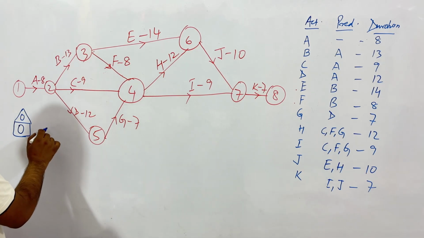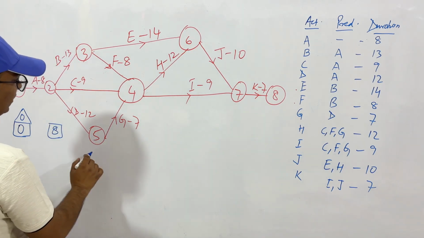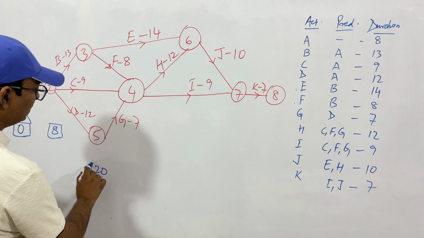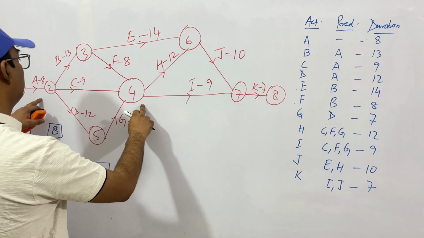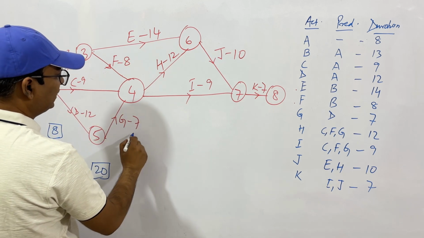Then this one will be 0 plus 8, that is 8. Then we have this one, 8 and 12, it comes to 20. This point, 20 plus 7, 27. From here you have 8 plus 9, 17. Obviously the value will be 27.